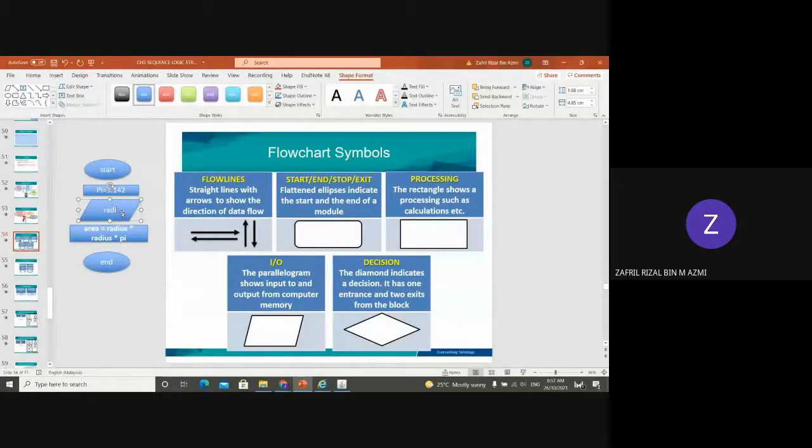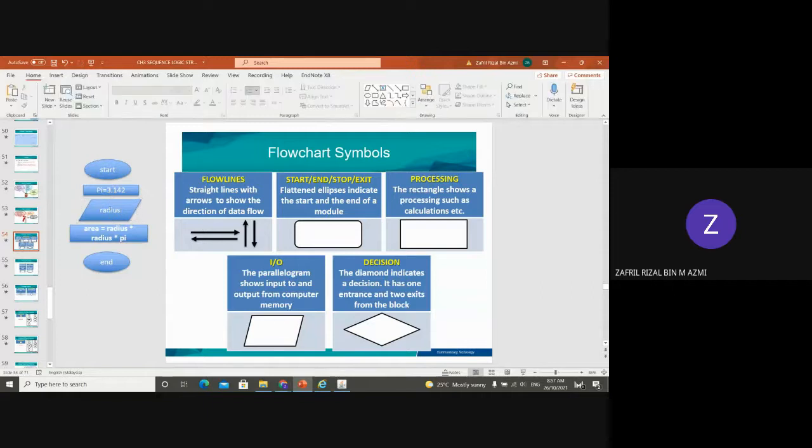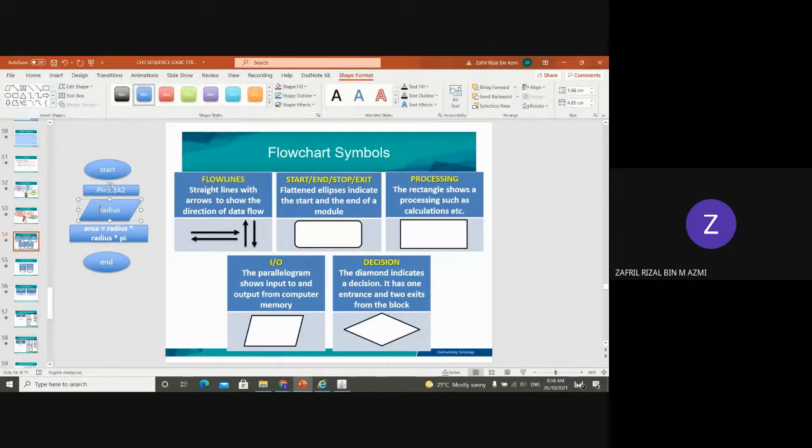So we want to get the value of radius. So how do you know if this is input or output? You cannot know, kan, if you just put radius and this symbol. We know that this symbol belongs to the input and output process. But if you didn't put an appropriate keyword inside of it, then people will get confused. So put the keyword lah.